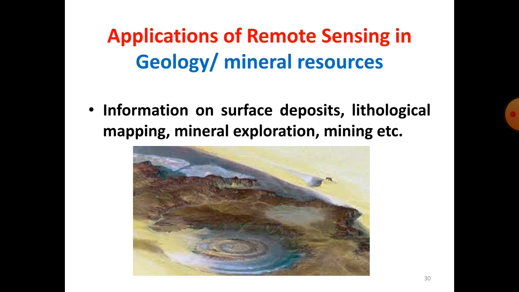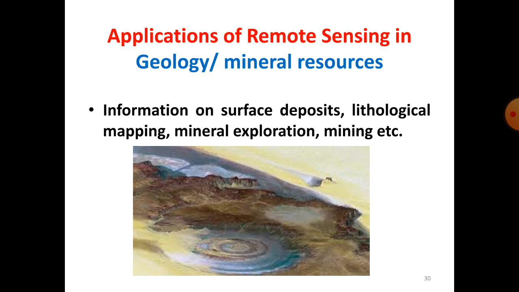The next application of remote sensing is in the fields of geology or mineral resources. Information on the earth surface deposits and lithological mapping. Lithological mapping refers to mapping of the rock types, which can easily be done by remote sensing.